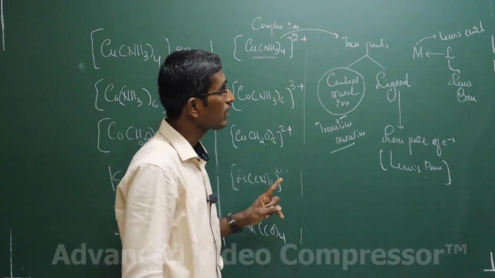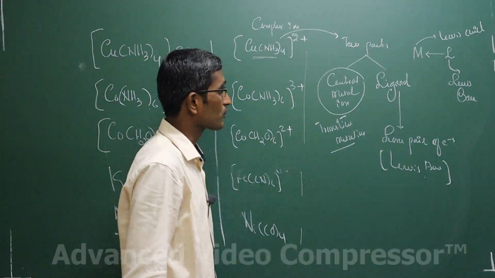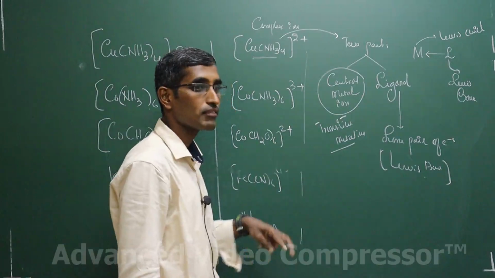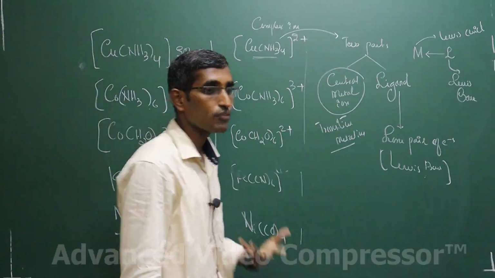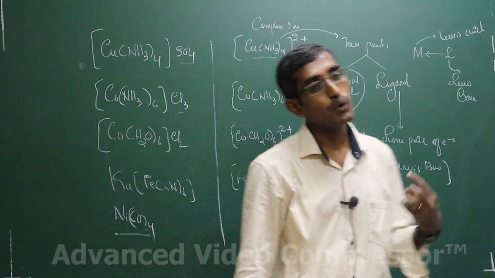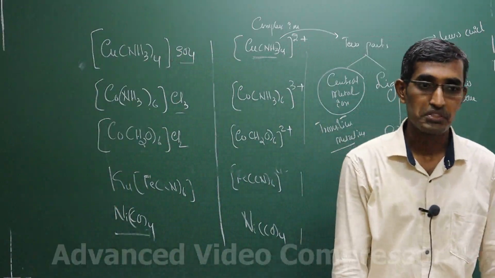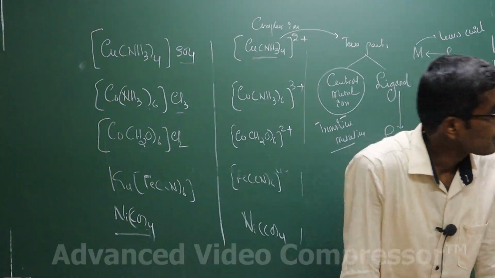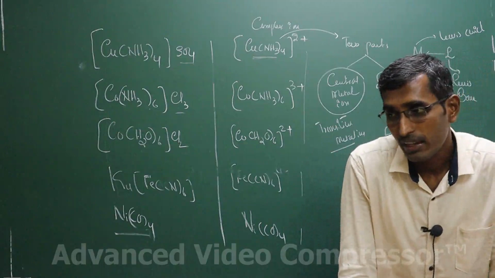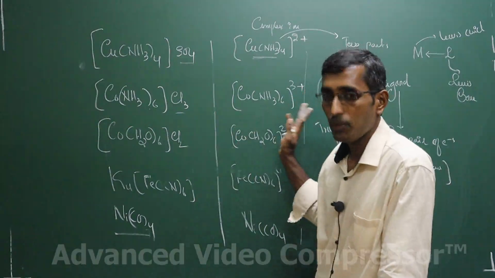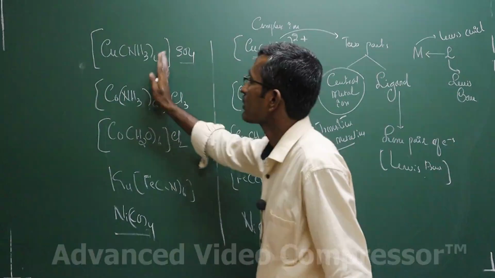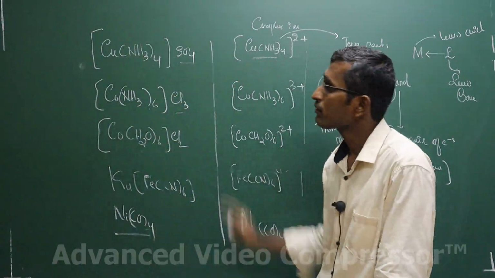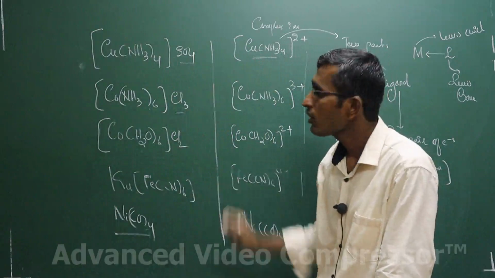Students, what is a ligand? Ligand is the one which donates the lone pair of electrons to the central metal ion and establishes a coordination bond between the ligand and the metal. That is why we call it a coordination complex, because the main kind of bond we have in the coordination complex is the coordination bond.